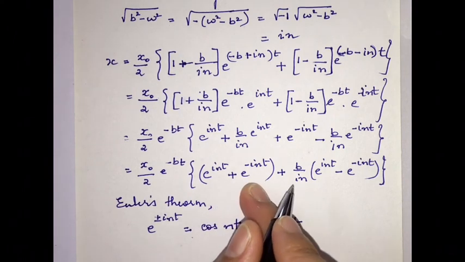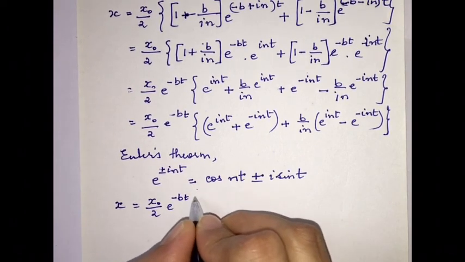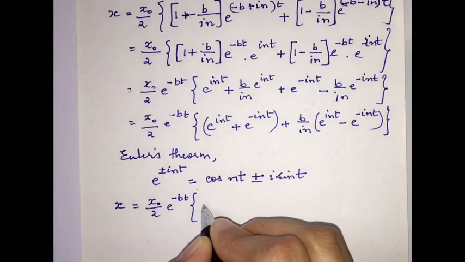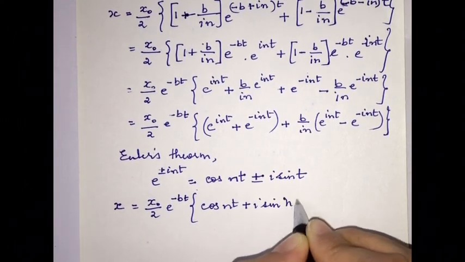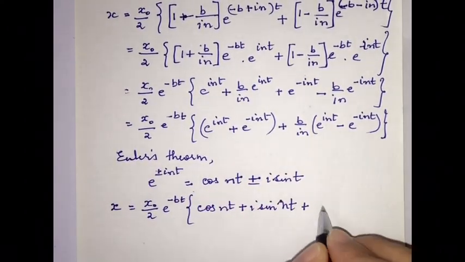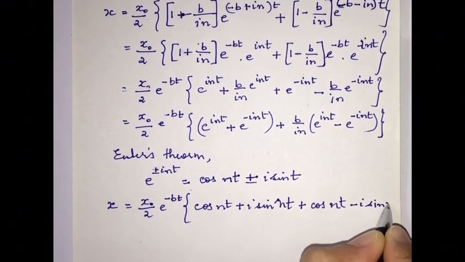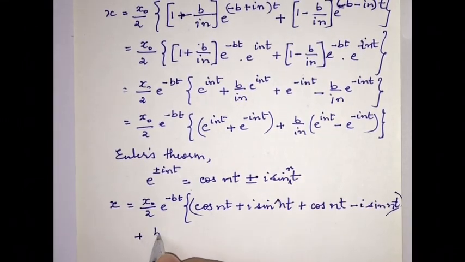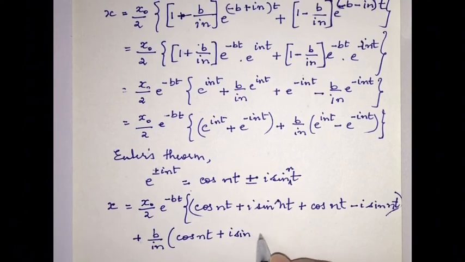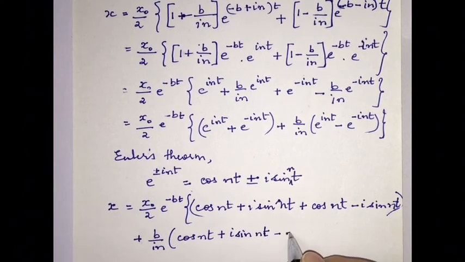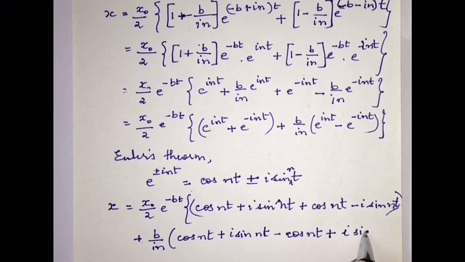Substituting this in this equation, x is equal to x naught by 2 e power minus bt into e power int, which will be cos nt plus i sin nt, plus e power minus int, which will be cos nt minus i sin nt, plus b by in into cos nt plus i sin nt minus cos nt, and minus into minus plus becomes plus i sin nt.